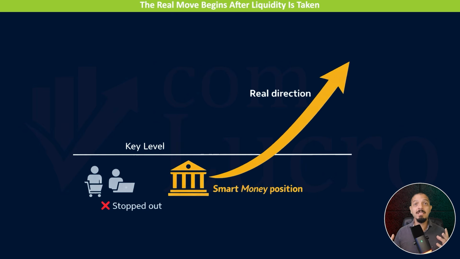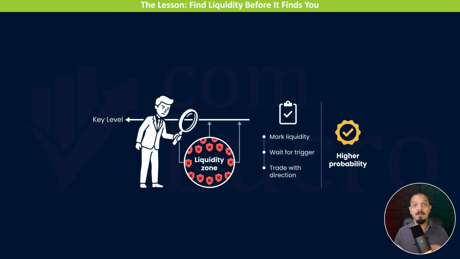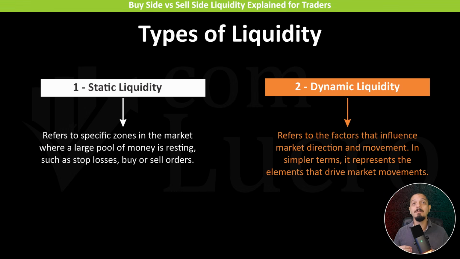To thrive and succeed as a profitable trader, identifying liquidity on the chart is essential. These areas where significant volumes of orders are present provide valuable insights into market dynamics and help prevent substantial losses. Liquidity can be classified into two types: static liquidity and dynamic liquidity. Let's briefly explain both.